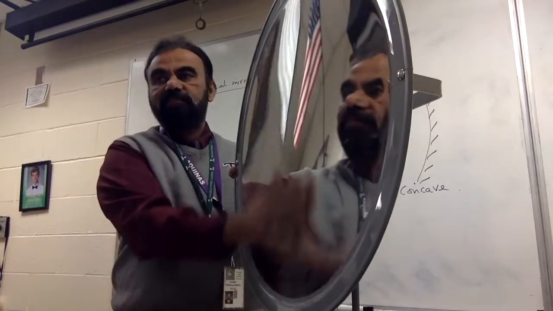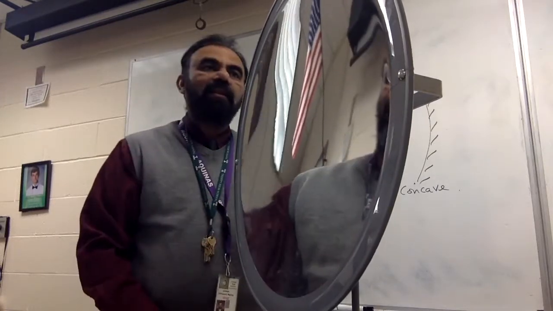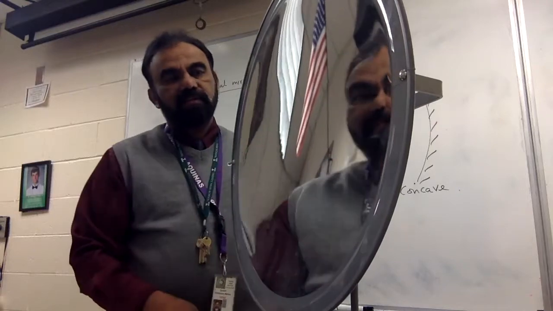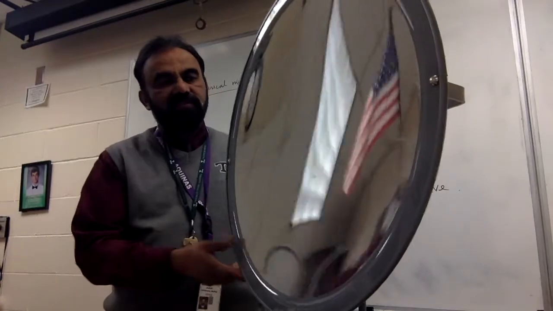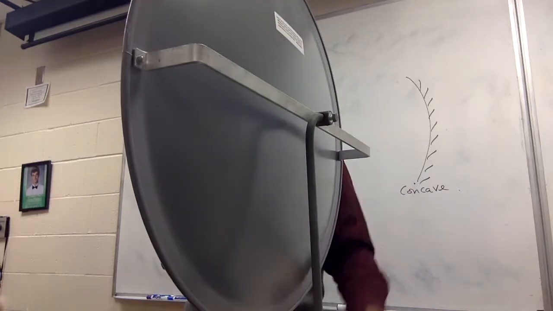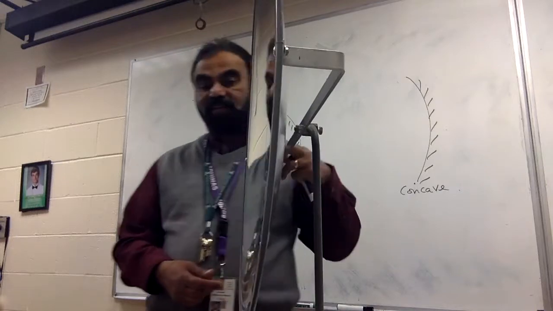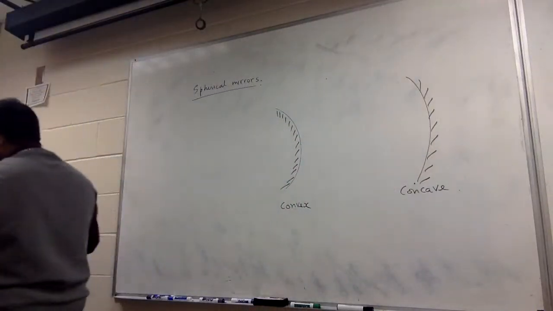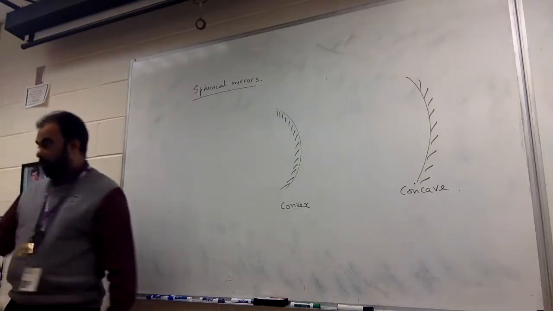It's concave, right? Caving in. This is caving in. That's caving in. All right, we'll see more of it. So that's a concave mirror, and the other one's a convex mirror. And what we are studying right now is more about this.